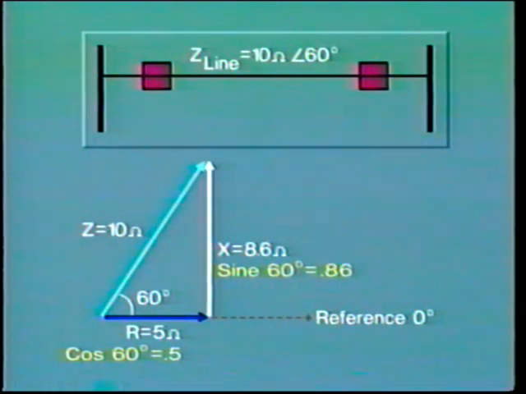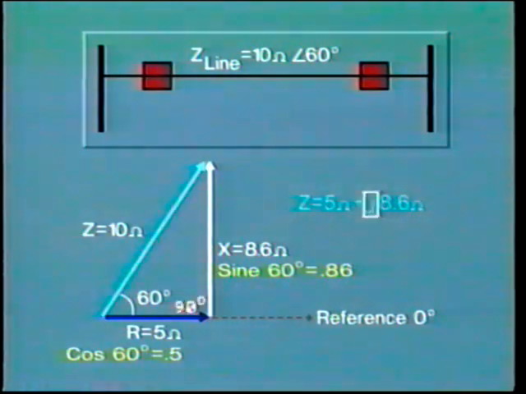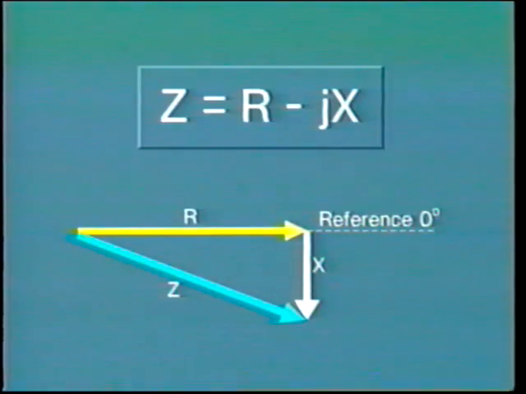Once we know the components of an impedance, it may be written down like this. Z, impedance equals 5 ohms plus j8.6. The operator j indicates that this quantity is displaced from the resistance by an angle of 90 degrees counterclockwise. For a quantity which is clockwise by 90 degrees, the j would have a minus value.